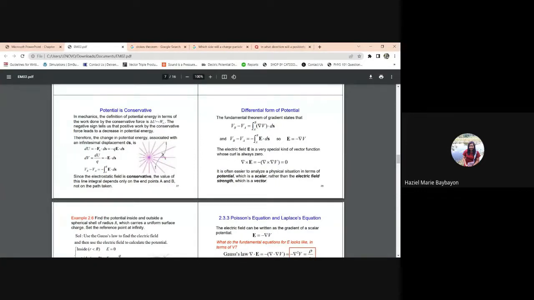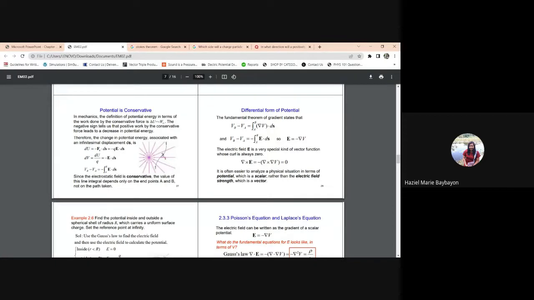Okay, so for conservative fields, the path taken does not matter. It is the same as what you already solved last time, class. So what matters is only the initial and the final points, the endpoints A and B.